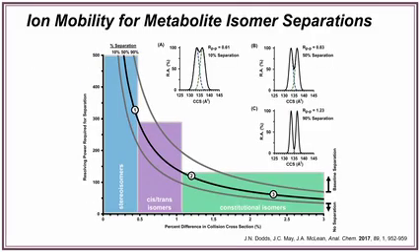Looking at this in a different way, we can predict where we would need to be on this line of resolving power in the ion mobility dimension to resolve particular types of isomers. While we can do constitutional isomers at pretty reasonable resolving powers, the higher resolving powers are really crucial for things like the enantiomers, depending on the amount of separation you're trying to achieve.